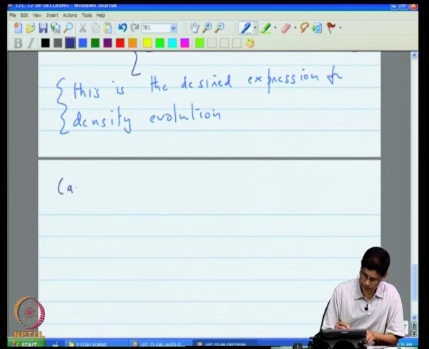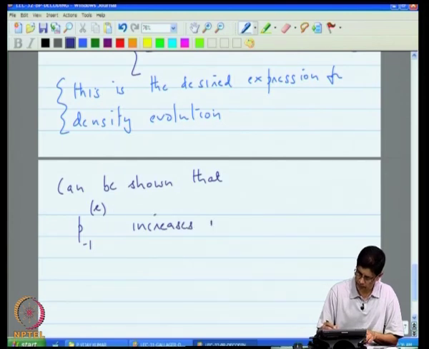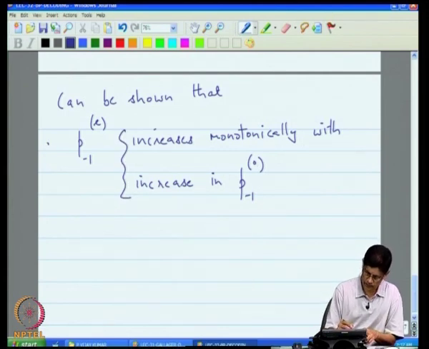It can be shown that P minus 1 L increases monotonically with increase in P minus 1 of 0, that is 1.